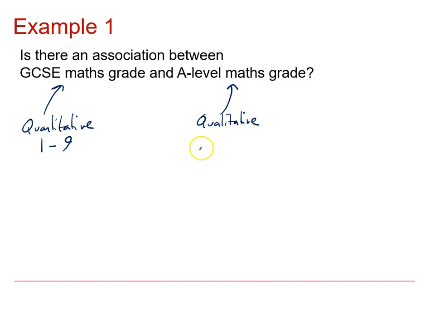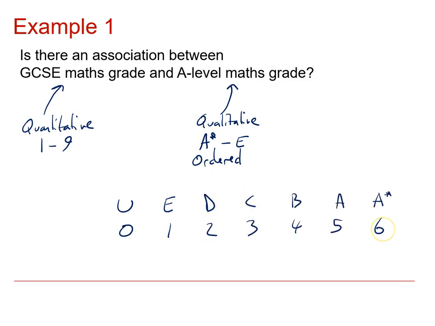It takes values A star down to E. However, A-level maths grades are ordered. So we could assign a numerical scale to them. For instance, a U could be 0, an E 1, and so on. This is now quantitative data. And so we could use Spearman here.